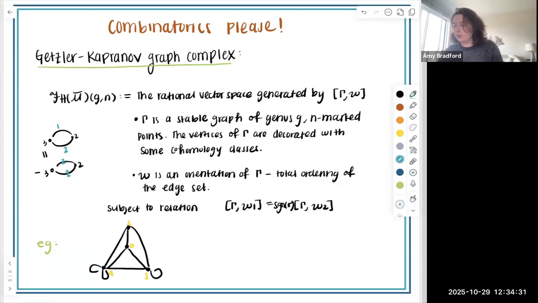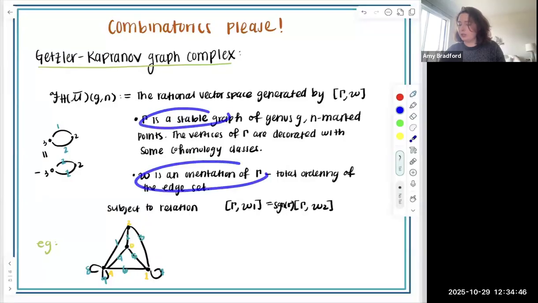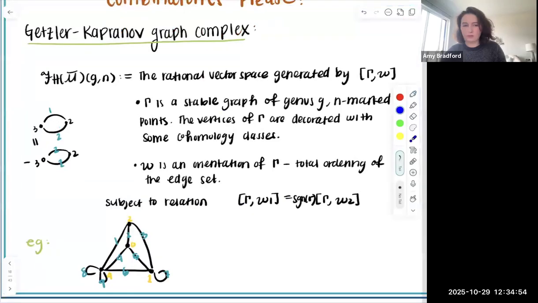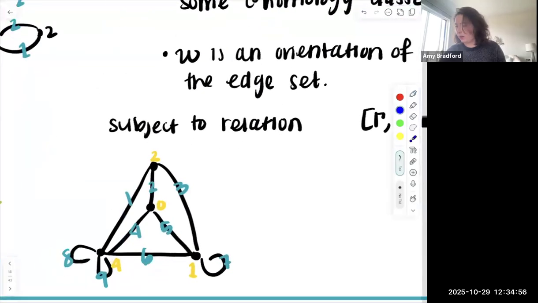And then I need to totally order my edge set in some way. And then the final piece of information that we haven't talked about yet is, so we have the stable graph, we have the orientation, and then I need to tell you what I mean when I say decorate the vertices with some cohomology classes.